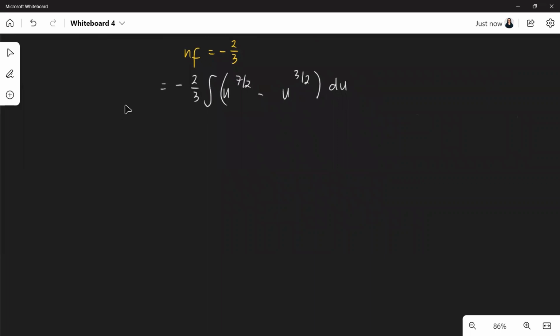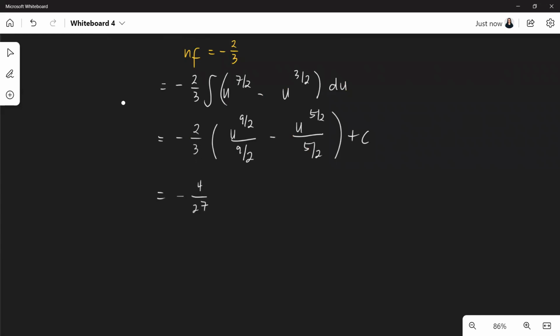All right, so integrate using the power formula. It's u raised to the power of 7 halves plus 1, that's 9 halves, so over 9 halves, minus u raised to the power of 5 halves over 5 halves, and then plus c. So it's negative 2/3 times 2 over 9, that's negative 4 over 27.